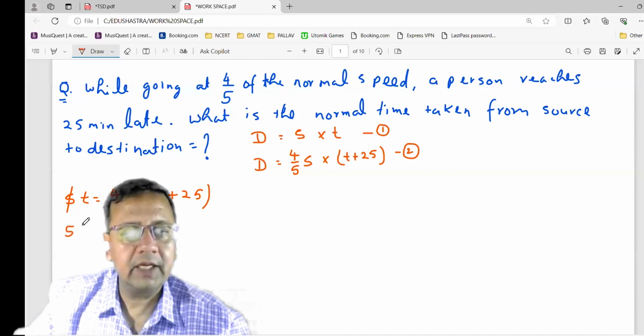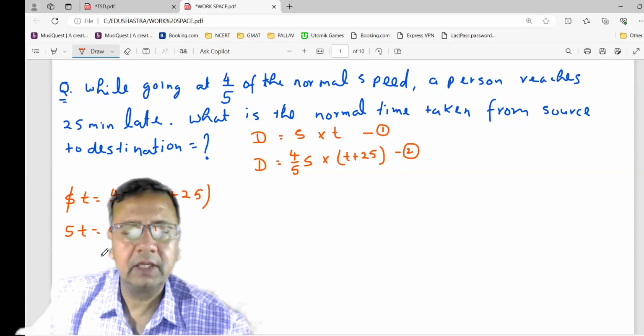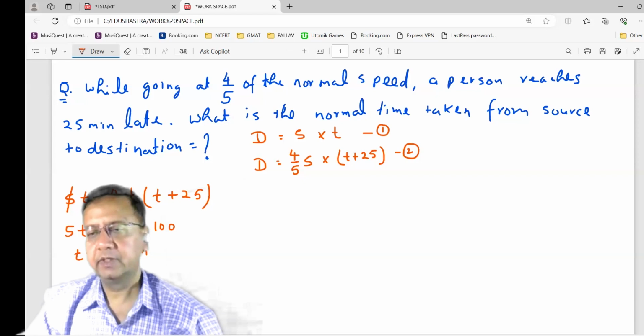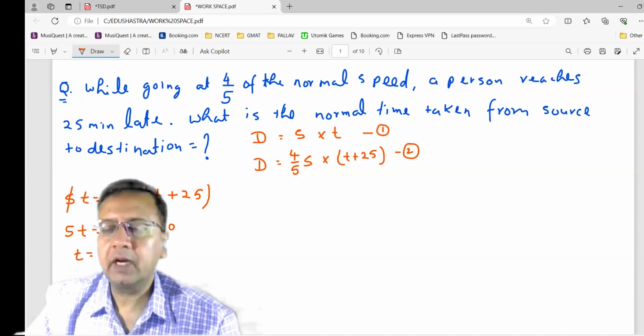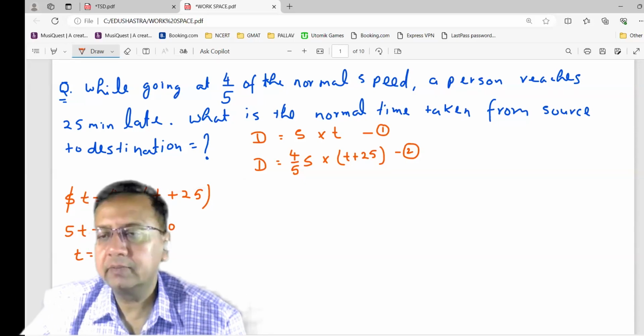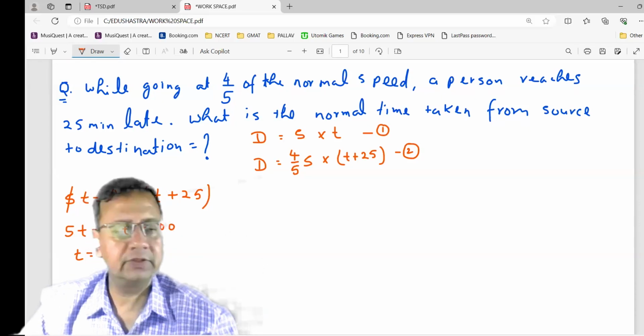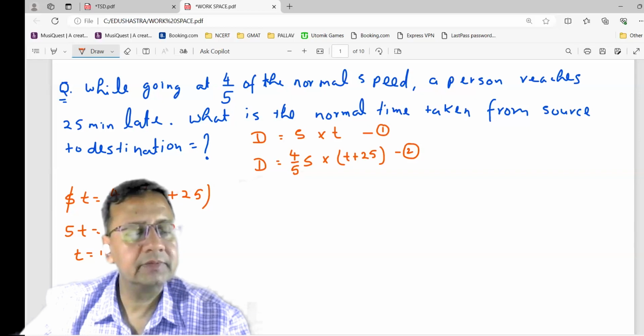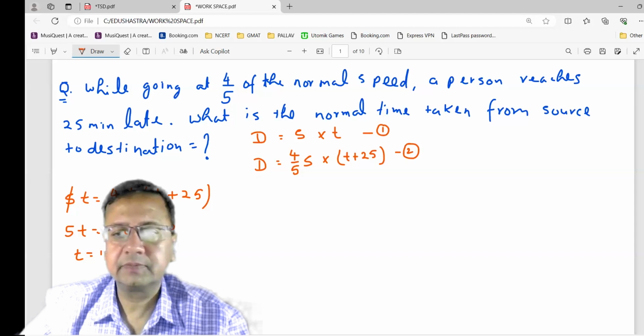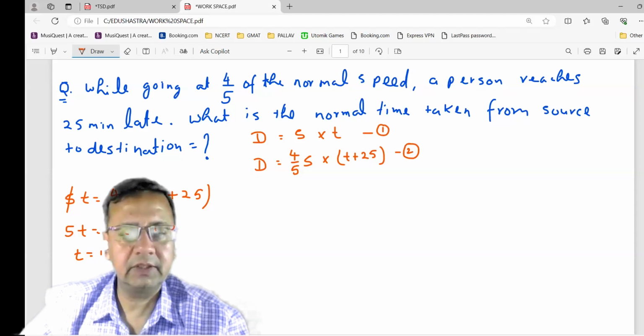So this is 5t is equal to 4t plus 4 into 25, 100. And simplifying, t is coming out to be 100 minutes. So my answer is 100 minutes. So the normal time taken from source to destination is 100 minutes. Getting this? Any doubt, any confusion in this logic?